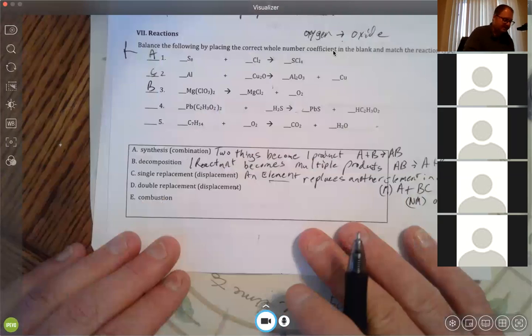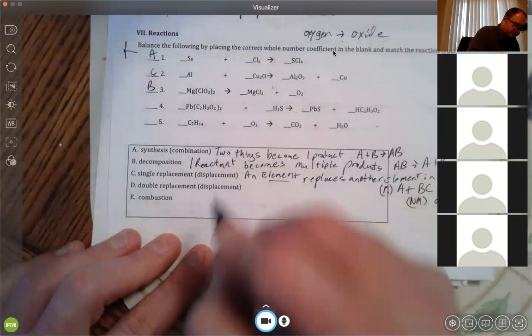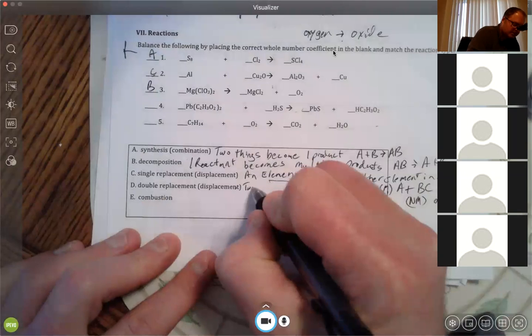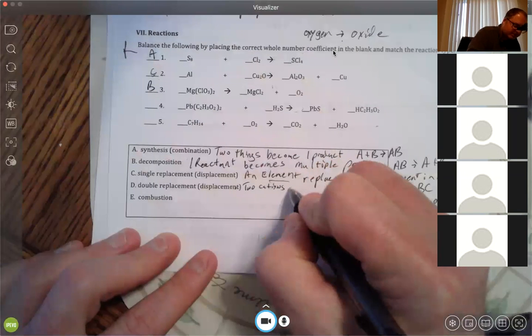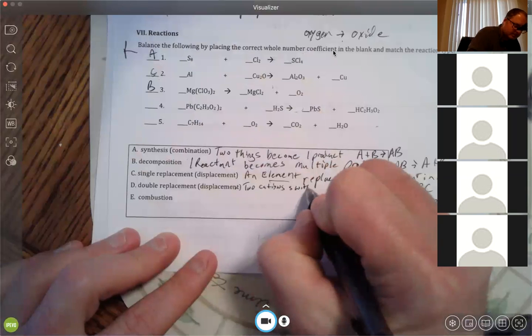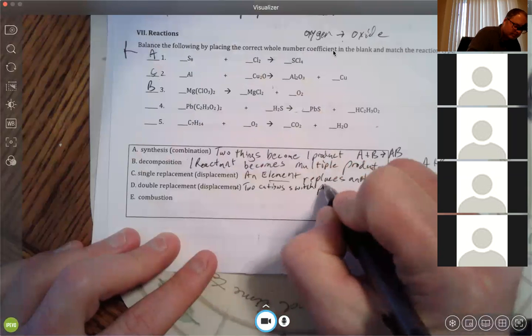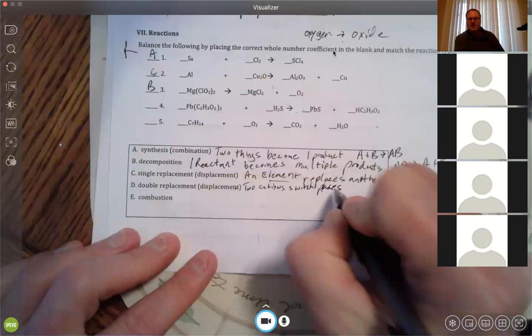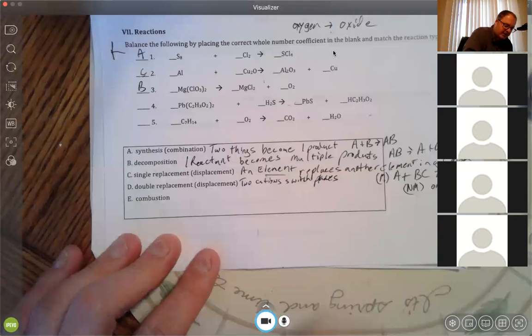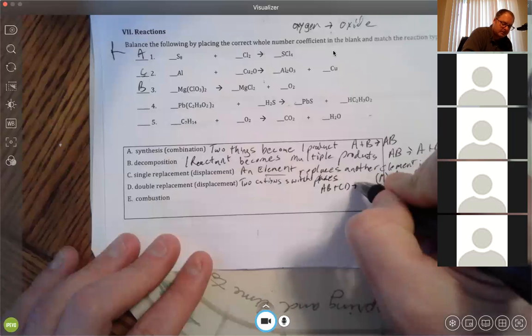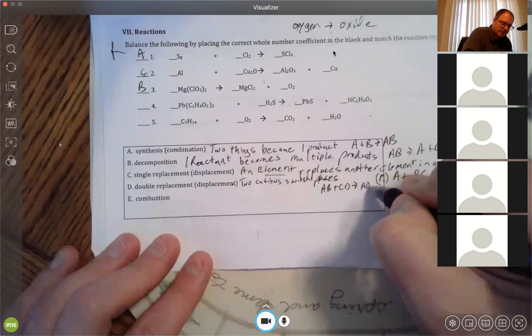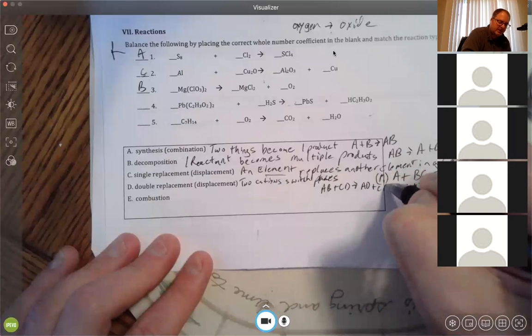Double displacement reaction. Two cations switch places. So AB plus CD yields AD plus CB.